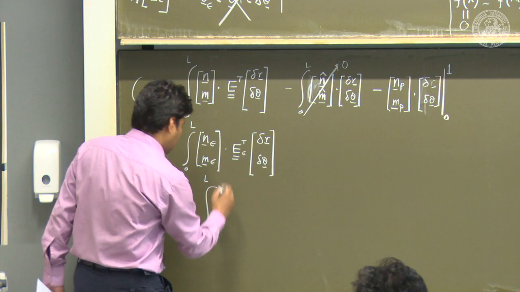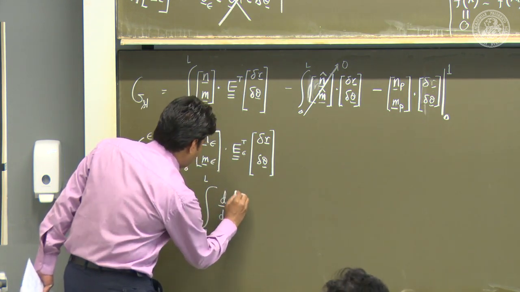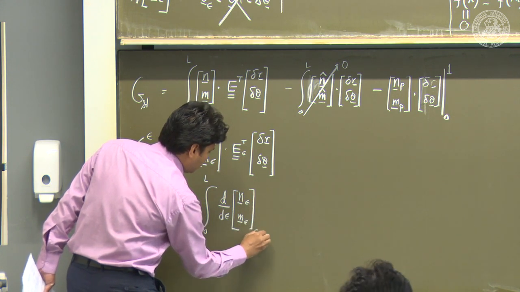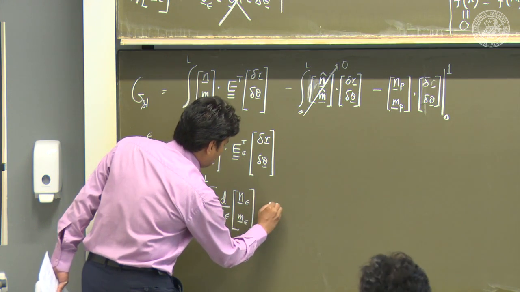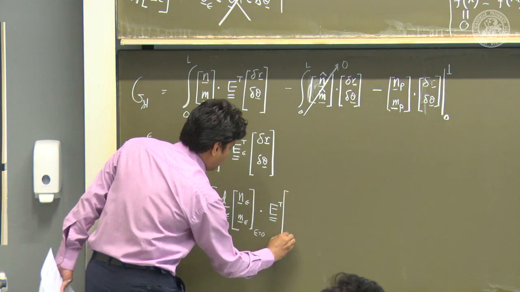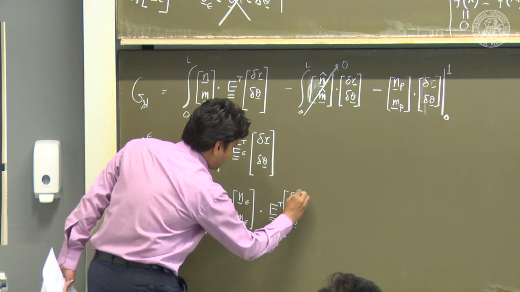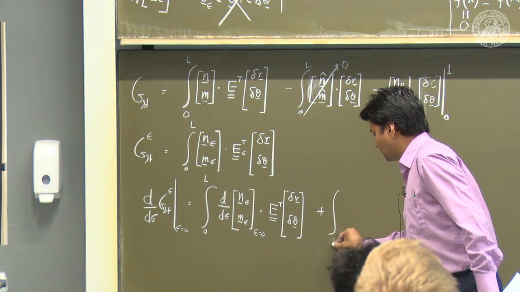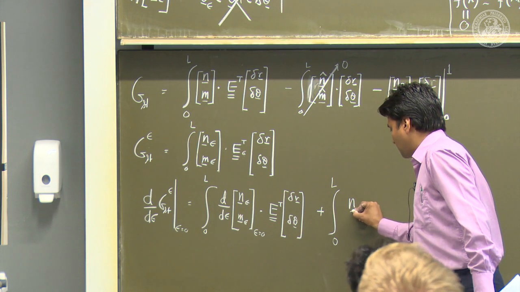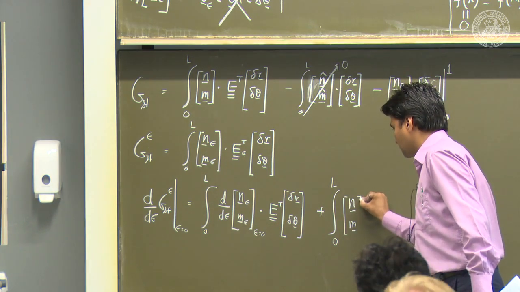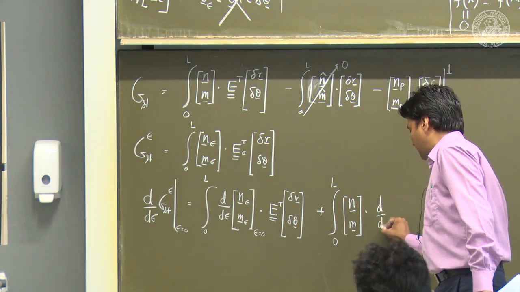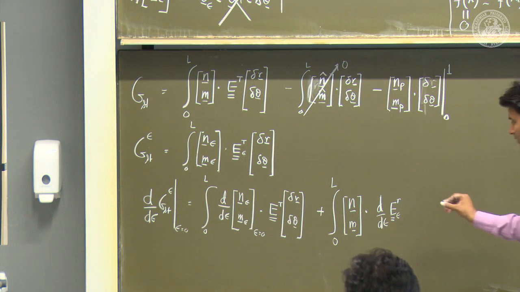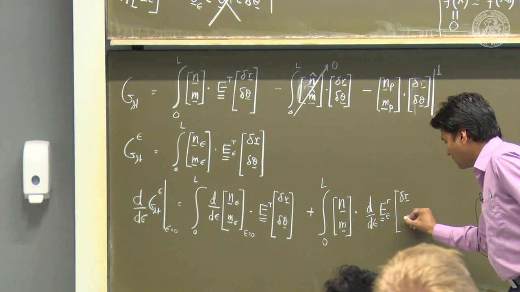We first work out d by d epsilon of n epsilon, m epsilon at epsilon equal to 0, dot with E transpose del r, del theta, plus the integral from 0 to L of n, m dot d by d epsilon of E epsilon transpose times del r, del theta.